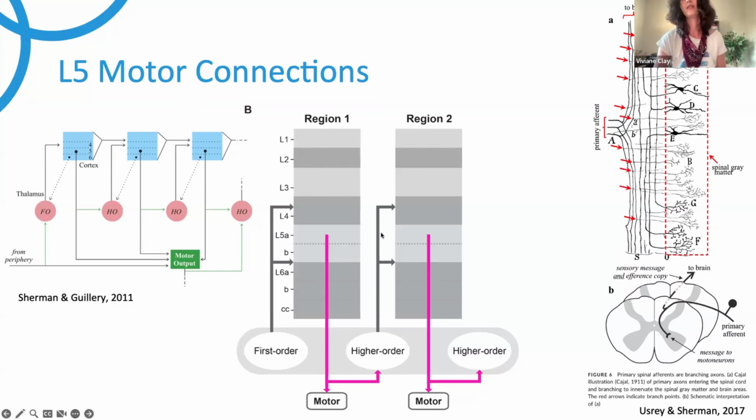But that's really an incomplete picture. Actually, even V1 can send commands to inform how to move the eyes, for example. So anywhere in the brain, we have outputs from layer 5 down to subcortical areas.